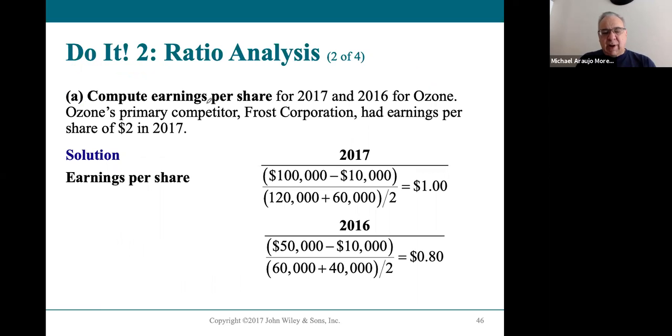And these things work out quite well. So the earnings per share for this company, Ozone, for 2017, you have net income minus preferred dividends divided by average shares, $1 per share. In 2016, 80 cents a share. So clearly they have more earnings per share, which is a good thing.